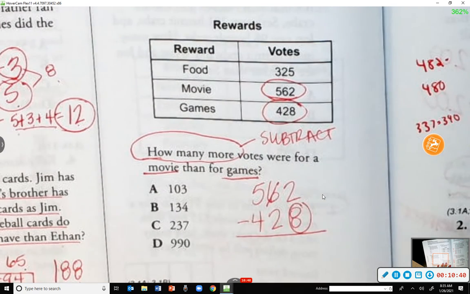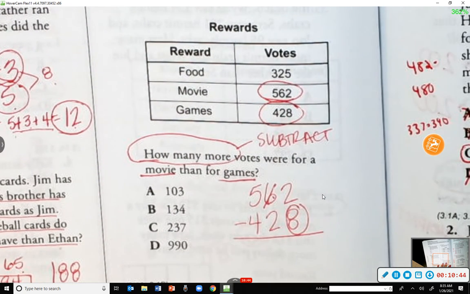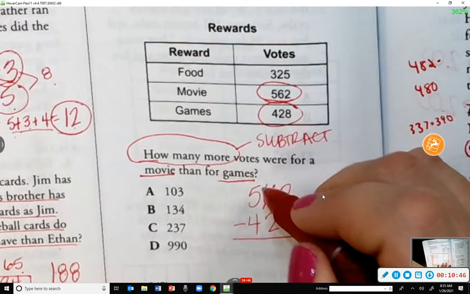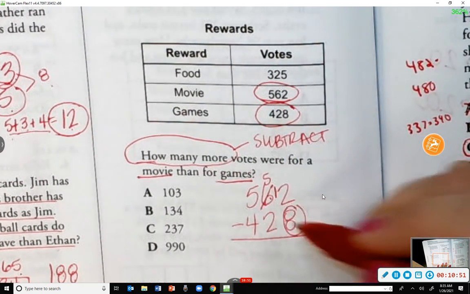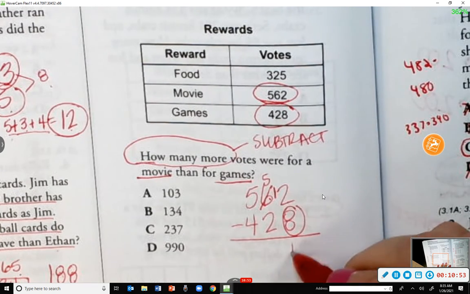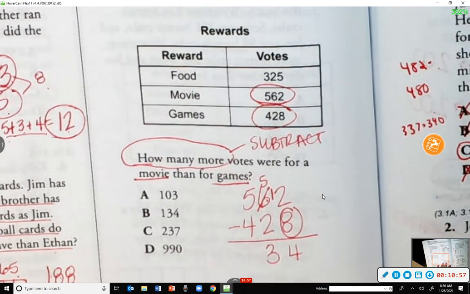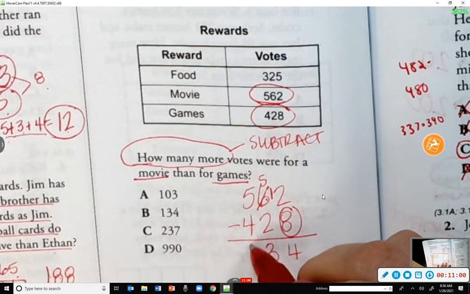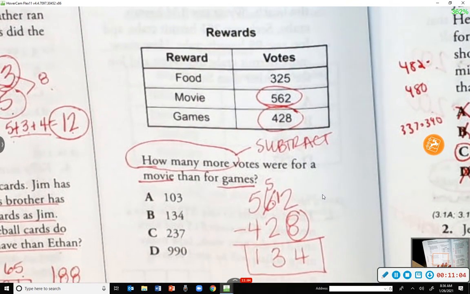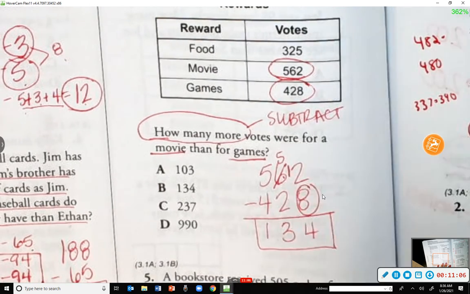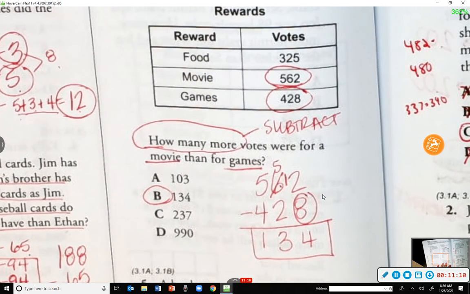Go next door. 6 becomes 5. 2 becomes 12. 12 minus 8? 4. 5 minus 2? 3. 5 minus 4? 1. See what I mean? Let's not get this far and make little mistakes on our subtraction. B, 134. We get that one?